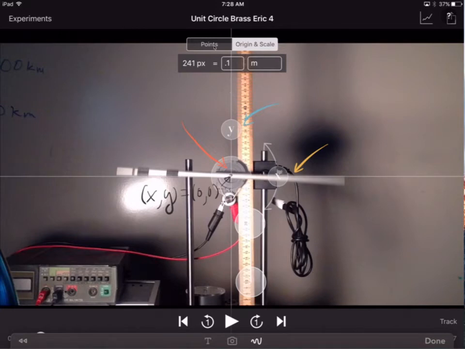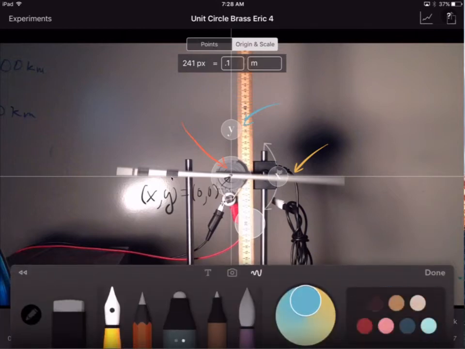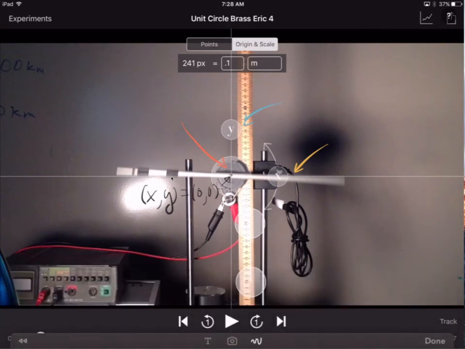Now we're going to start and we're going to set some points, and we're going to watch this rod rotate around this axis. So essentially, let me find a nice bright red here. We're going to set a point right here, and as soon as we set a point, this rod will move, and then we're going to set another point, and it'll move again, and we're going to set another point, and another, and another.